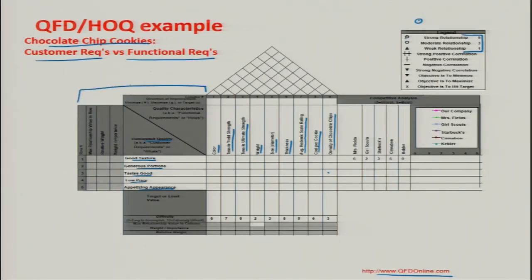This is the room for the whats. What are the customer demands? So, this is our correlation matrix. These are the hows. How would we have good texture? And here we have the importance rating.